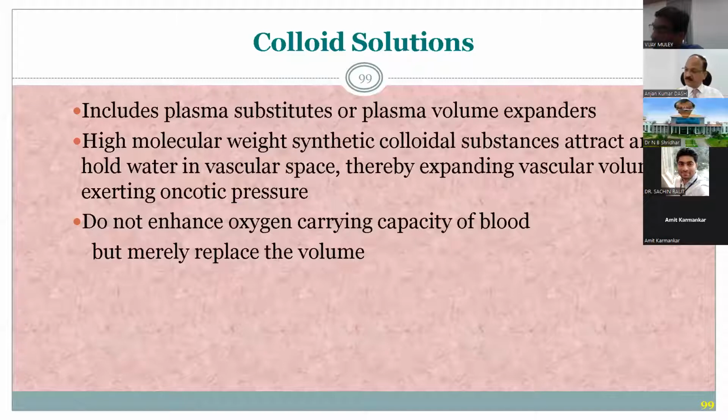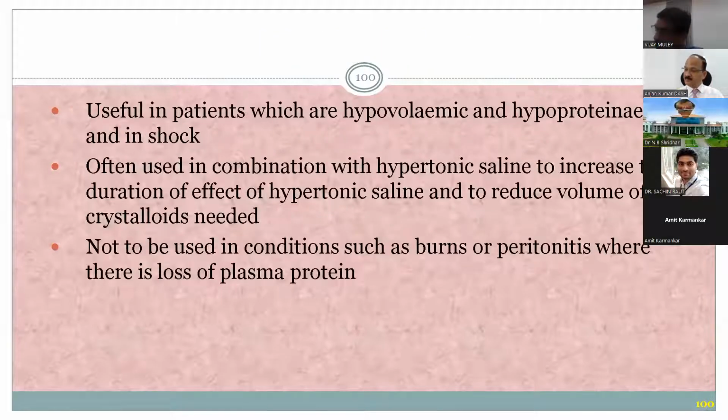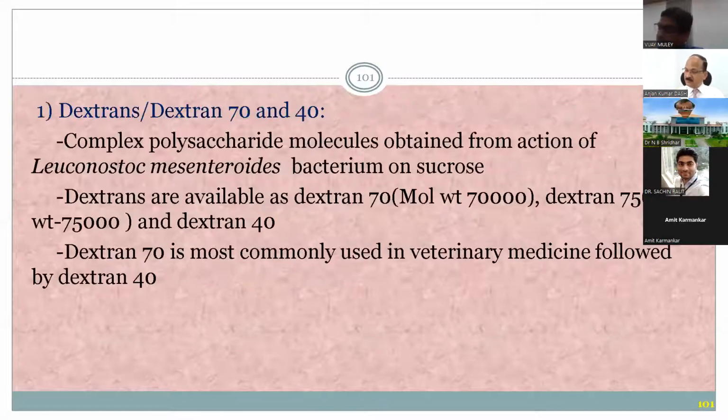The colloid solutions may also be required in the treatment of different types of dehydration, such as hypovolemic shock, hypoproteinemia and other types of shock. And lastly, the dextrans, dextran 70 and 40.